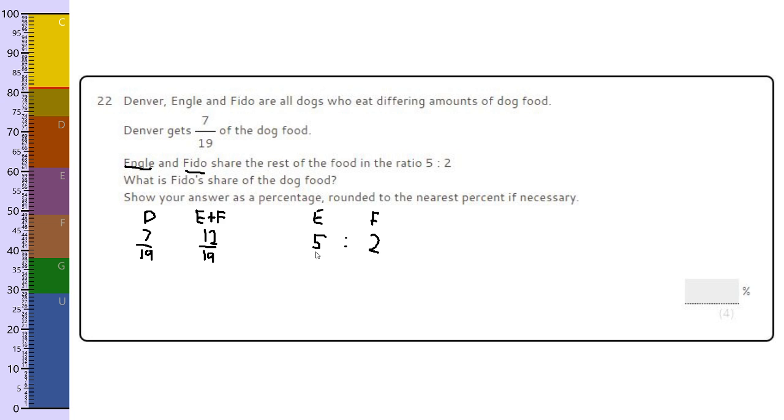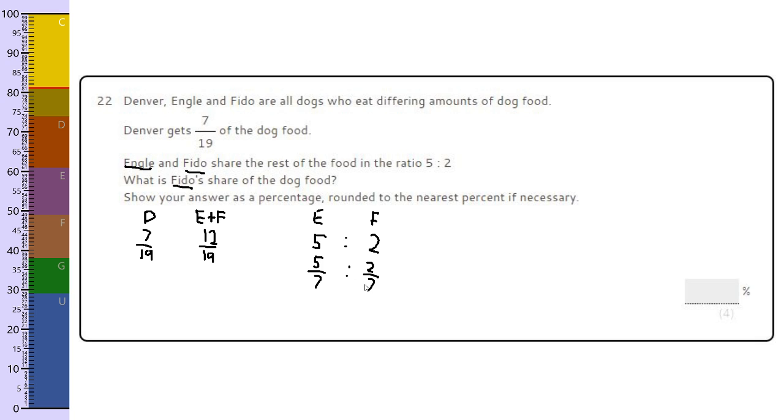So we've got to find the fraction. What we're looking for is Fido's share. What's the fraction that he's getting of this amount? Well, in total there are 7, and he's getting 2 of them. So he's getting 2/7 of the total, and Engel's getting 5/7.